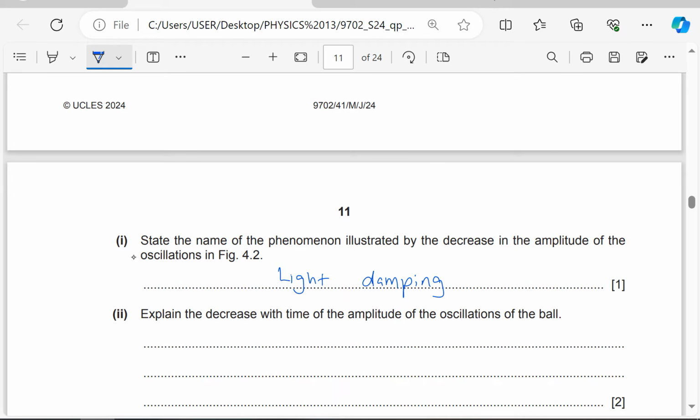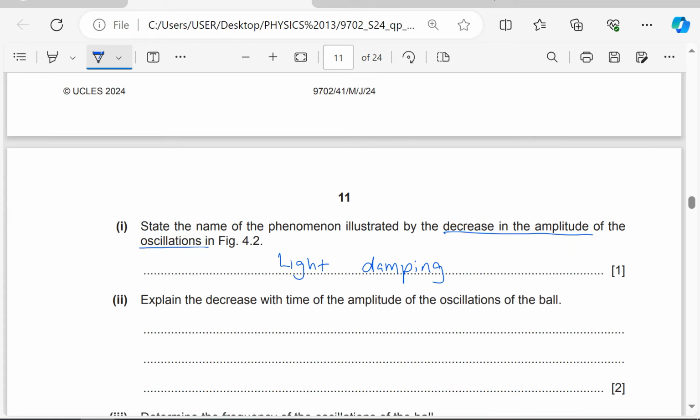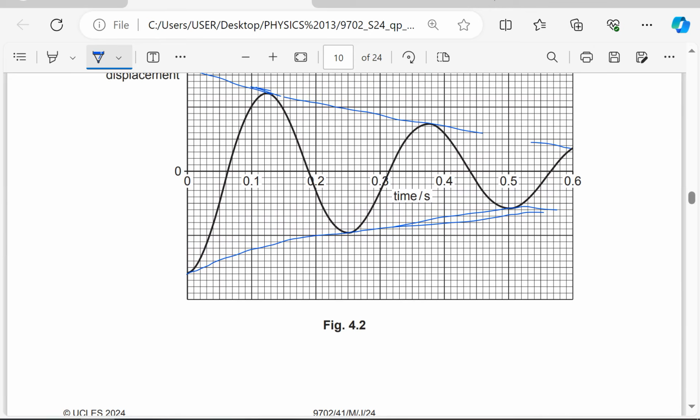But for critical and heavy damping, there is no oscillation. Here they are saying the decrease in the amplitude of the oscillation. So that is entirely light damping. Even from the graph, you see that is light damping.